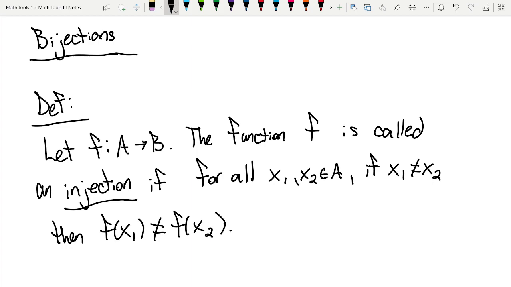Okay. So you might recognize this as a one-to-one function, because that's exactly what it is. It's just another name for a one-to-one function.